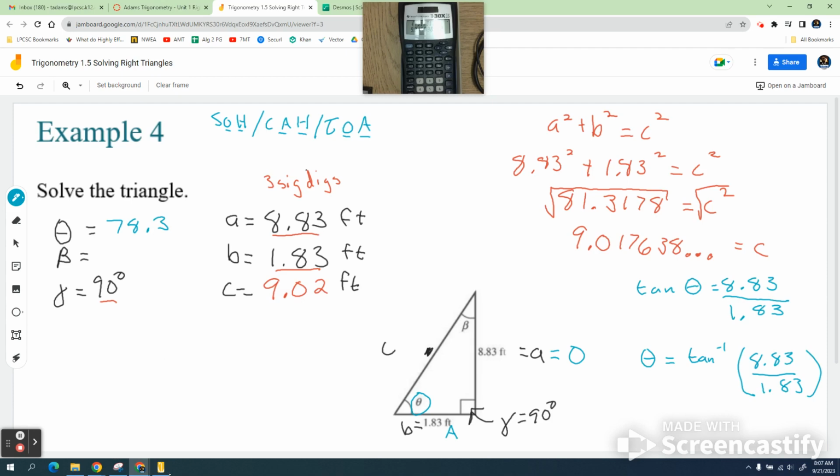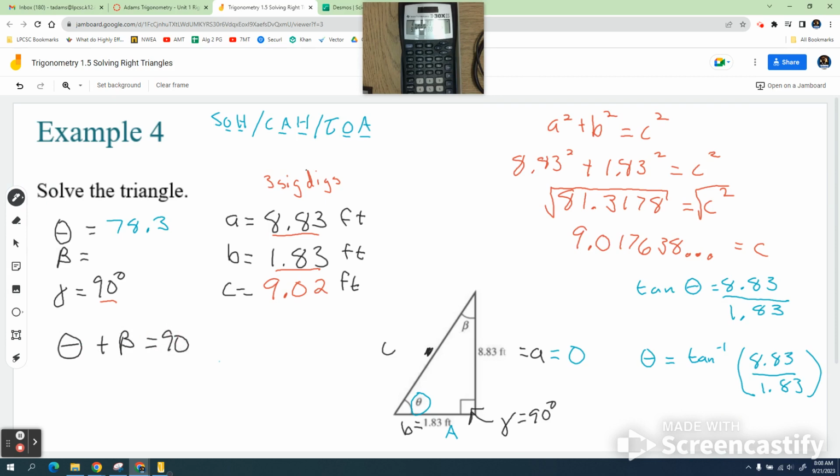Now here's the interesting thing. You could do the exact same thing for beta, but you might get a rounding error. So when it comes to finding the angles, we just want to make sure they add up correctly. So remember that theta plus beta should add up to 90, right?